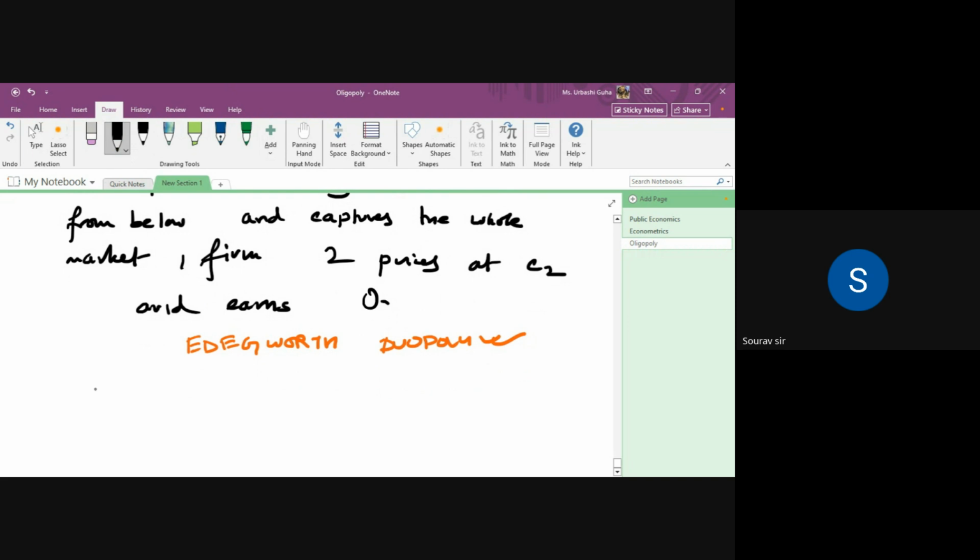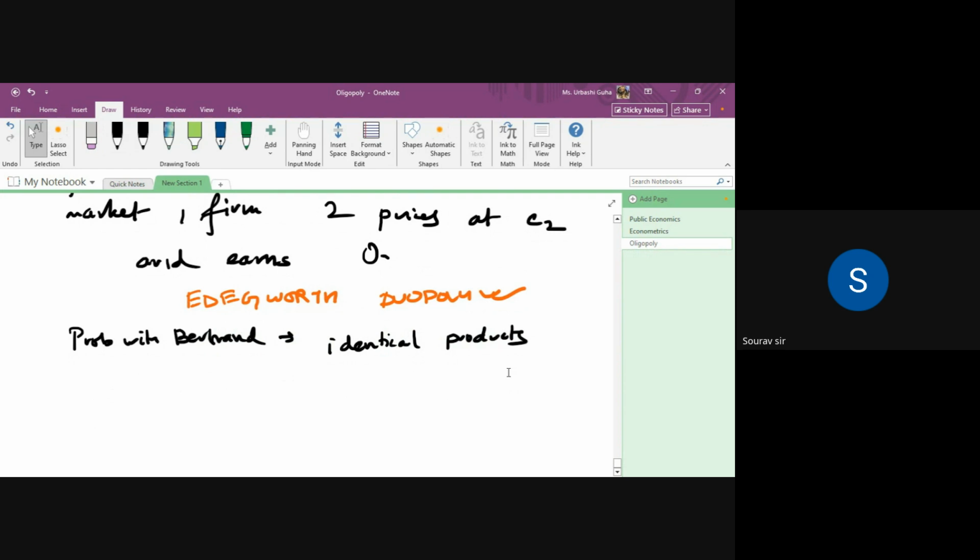Edgeworth goes for, the problem with Bertrand was what? There were identical products. Correct. There were identical products, but unlimited capacity. Correct. Unlimited capacity, which I told you that everybody cannot produce everything.